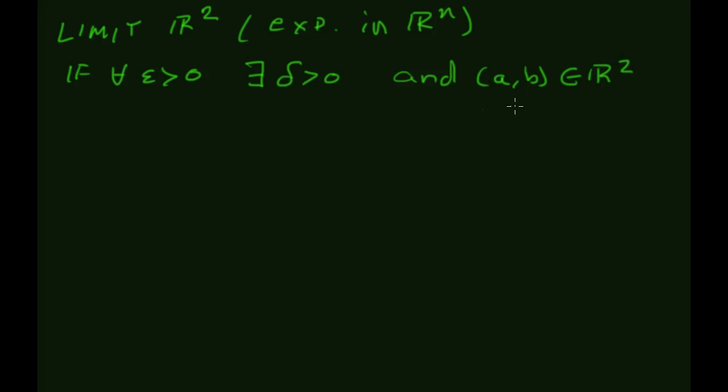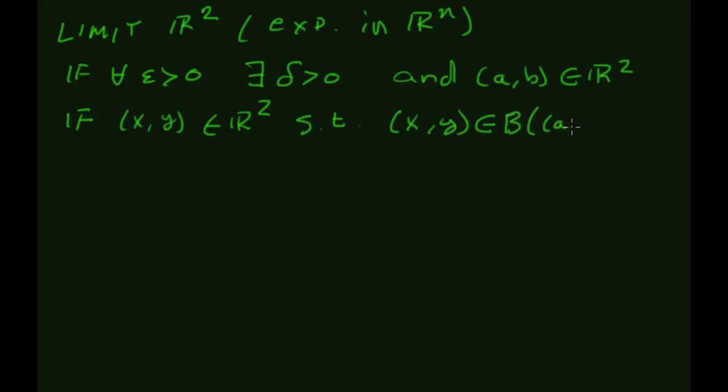Now that could be (a, b, c) in R3. It doesn't matter. It's still going to work. And if (x, y) is also some point in R2, such that, okay, we're going to put (x, y) in a very particular place. (x, y) is going to be in the delta ball around the point (a, b).